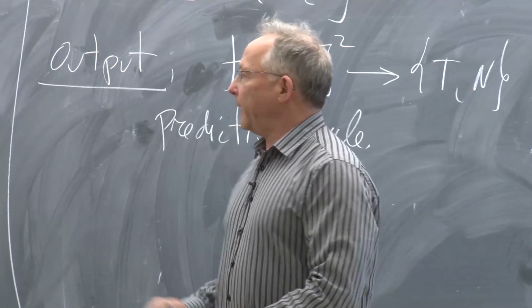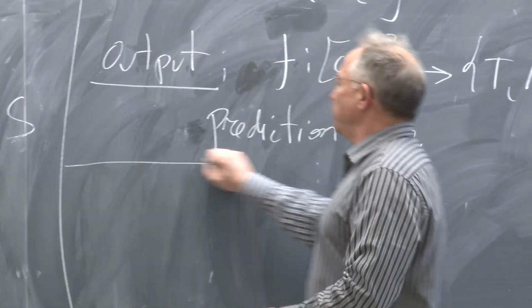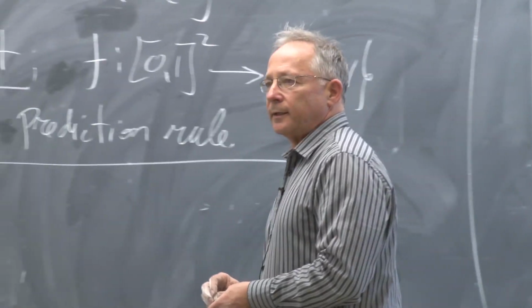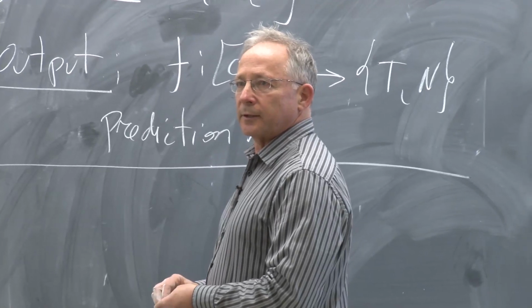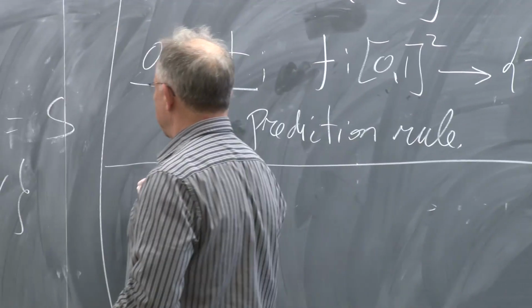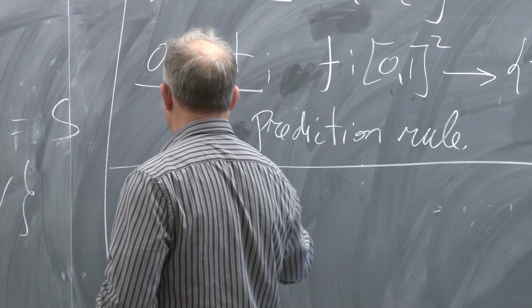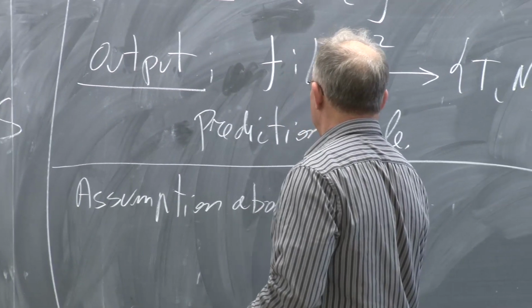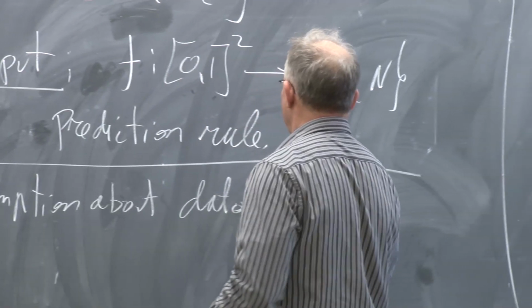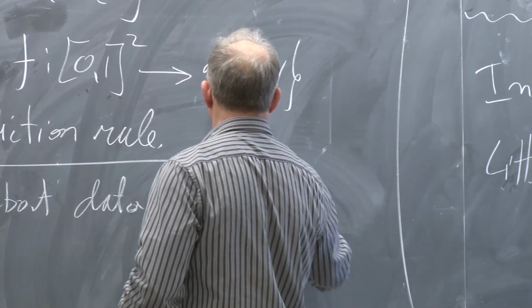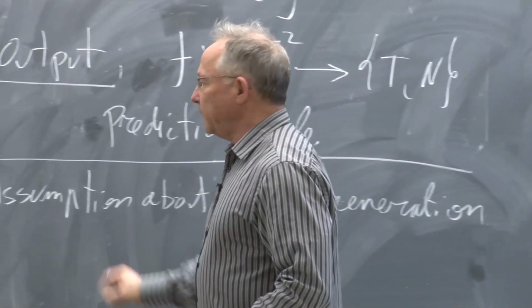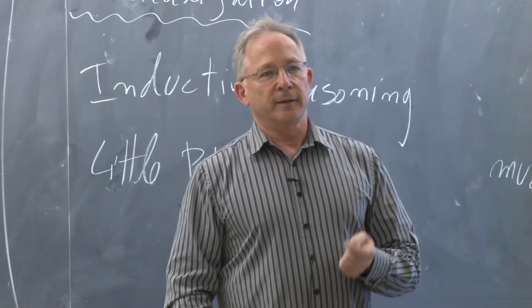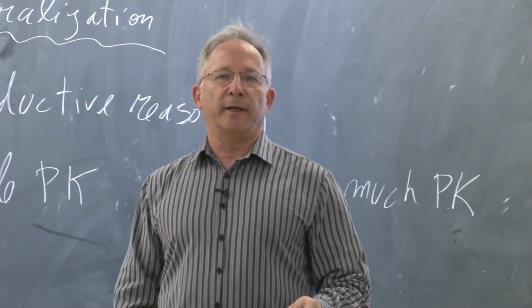And now we have to make some assumptions in order to be able to have any hope of learning. So my first assumption is about the data generation. So how is the data generated? I assume that the examples that I tasted so far were randomly generated.